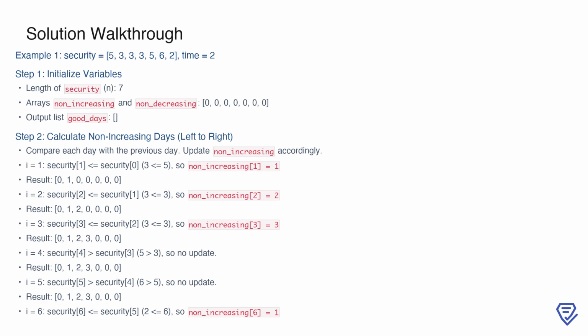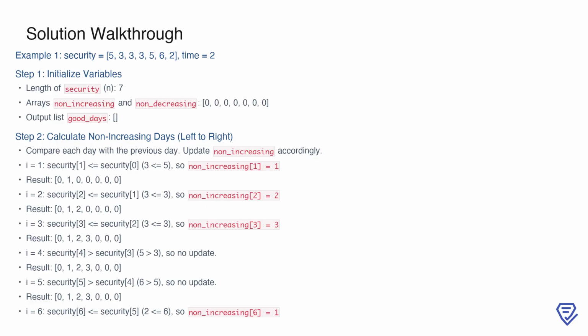The first major step is to calculate the non-increasing array. For each day starting from the second day, we compare the current security level with the previous day. If the current day's security is less than or equal to the previous day's, we increment the value in non-increasing by adding 1 to the previous day's value. For example, on day 1, since 3 is less than or equal to 5, we set non-increasing 1 to 1.